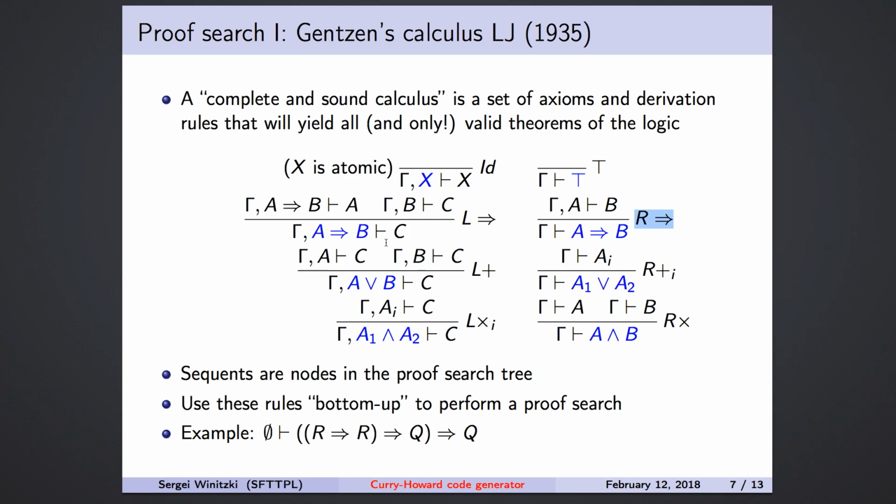So logic is specified by giving you a number of these rules. Some of these rules have nothing at the top, like the first two rules here, and so they are axioms. They give you something you can prove with no premises. Here you can prove truth with no premises. Gamma is notation for any number, zero or more, of premises.